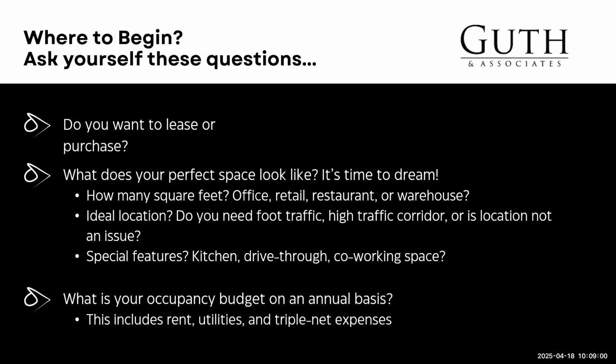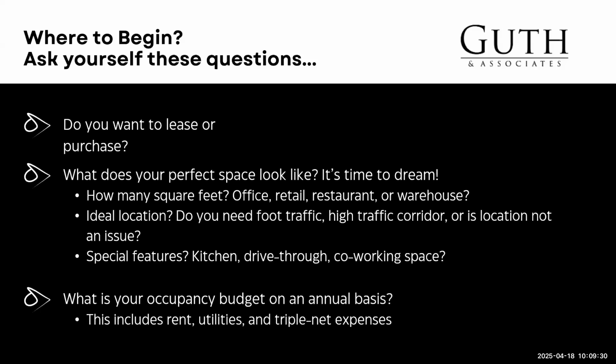Then you can obviously go to the City of Champaign zoning ordinance to understand what is permitted in that zoning classification. You have to be permitted in that zoning classification or have a conditional use permit or a special use permit to be in that location. So be sure you have your broker or yourself check the zoning on any location that you're looking at.